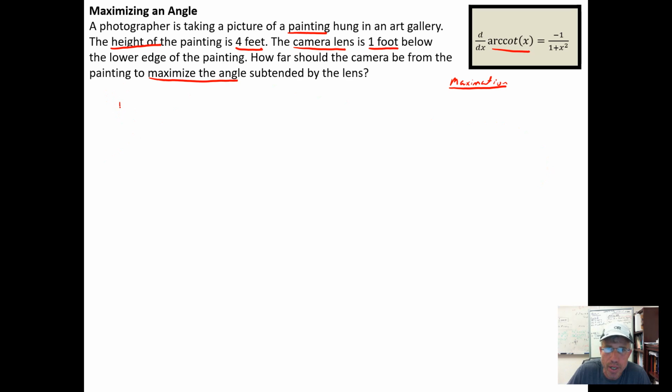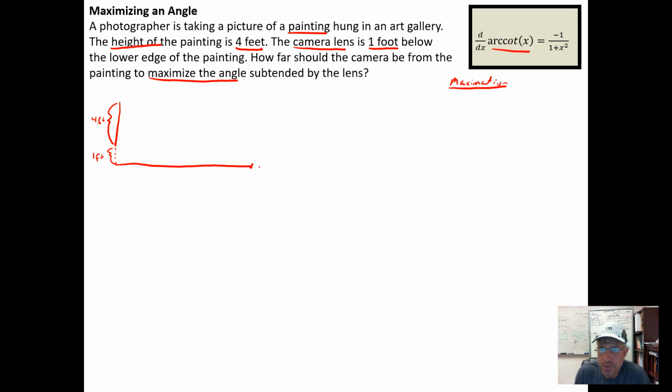So you have a 4 foot high picture. And then a foot lower than that, there's a camera lens. And the camera lens is going to be some distance from the wall on which the picture has been hung.